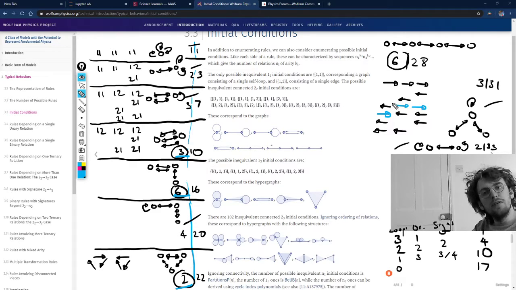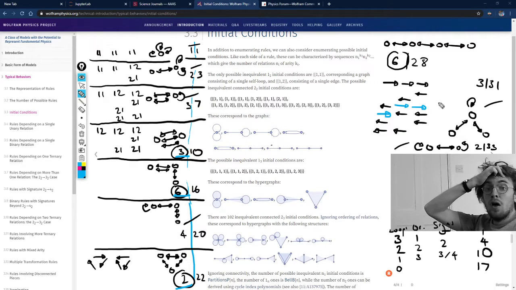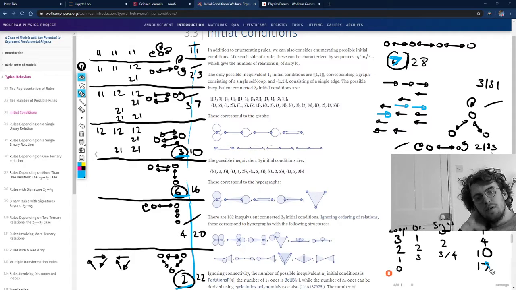Because this has a divergence and this has a convergence. But there are 7 models here, not 6. So that's 18. So we are still only missing 3.